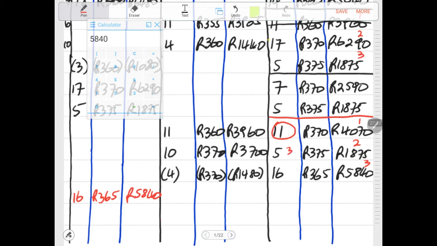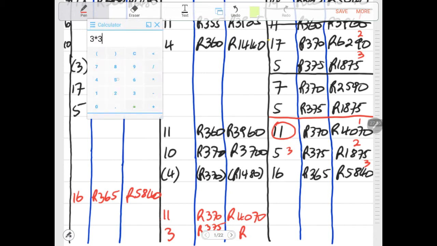Then the remainder will be the inventory available. Now we issue the whole 11, that is at 370, which is 4,070, and we take 3 out of this 5. We take 3 out of this 5 in order to make it 14, and that 5 was bought at 375. So 3 by 375 is 1,125.